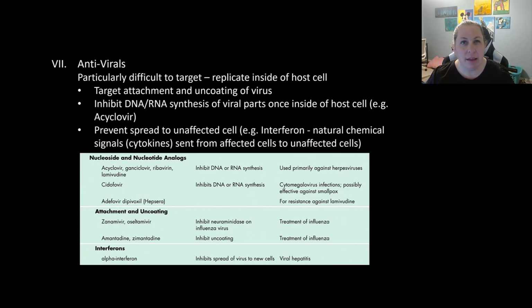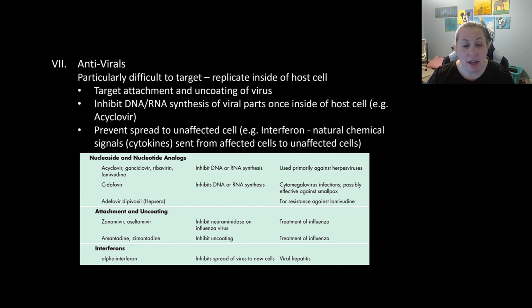We also want to target the uncoating of the virus. If we can target those things, then the cell may be able to survive. They may also inhibit DNA and RNA synthesis of viral parts once inside the host. This is what acyclovir does. Acyclovir is an antiviral that helps to decrease the replication ability by inhibiting DNA and RNA synthesis.